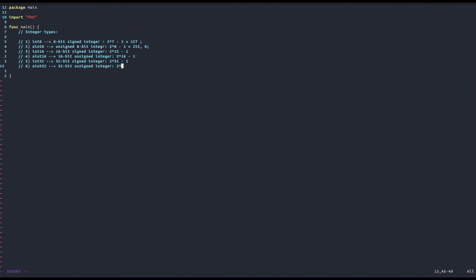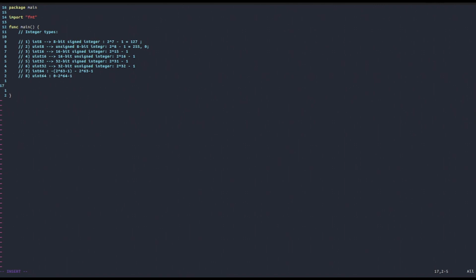The maximum value that you can represent with it is 2 to the 32 minus 1, but only positive values. And lastly, we have int64 and uint64. Here the range of values with uint64 is basically 0 to 2 to the 64 minus 1, whereas with int64, the range of values is minus 2 to the 63 up to 2 to the 63 minus 1. And so these are all the main integer types.